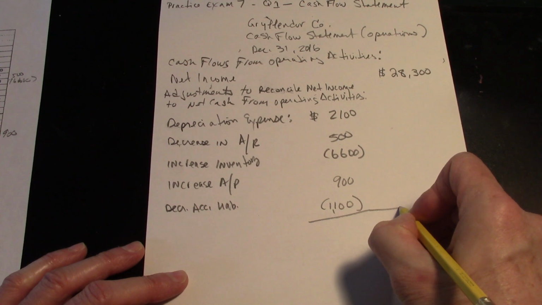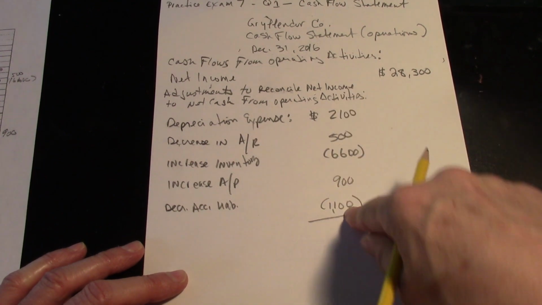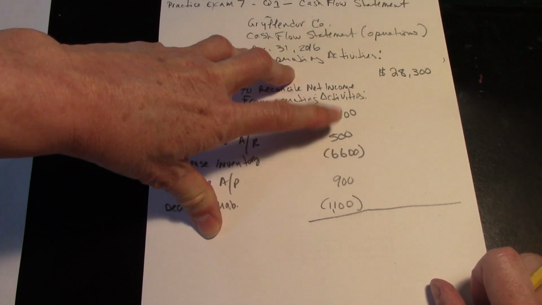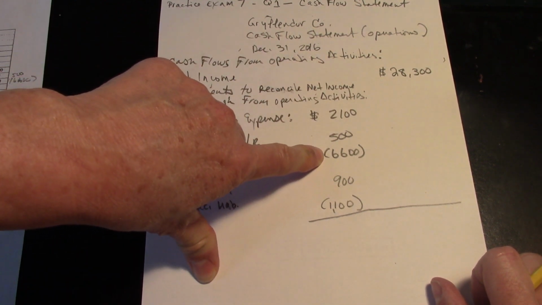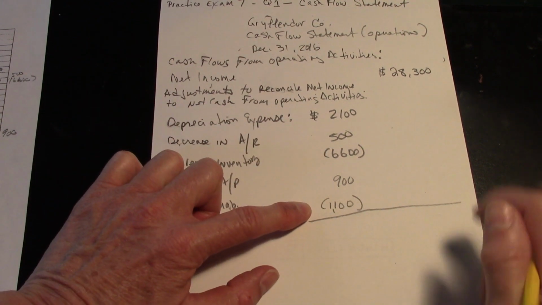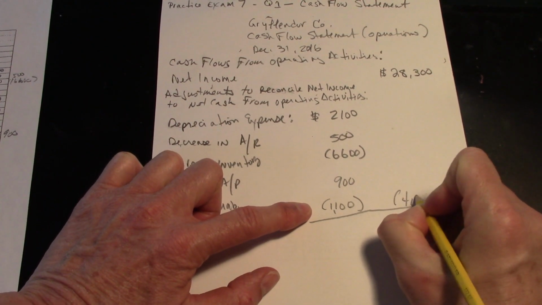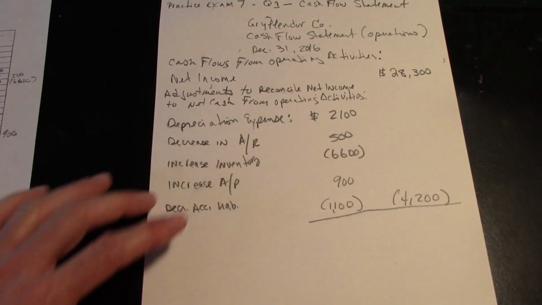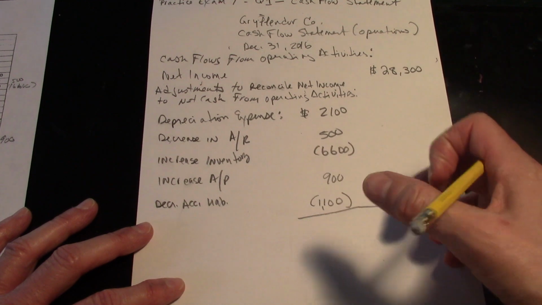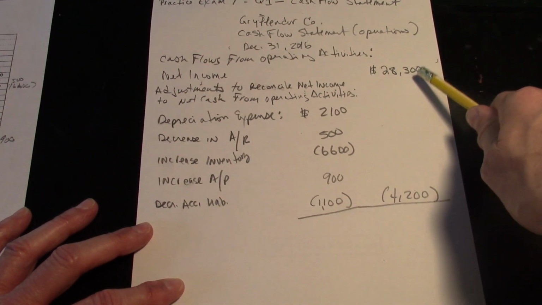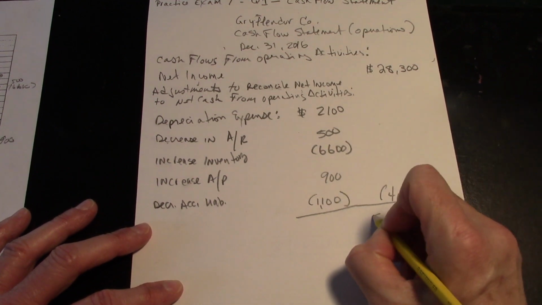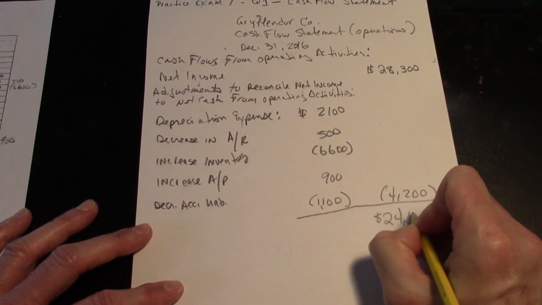So now we're going to add these up. All right. So 2,100 plus 500 minus 6,600 plus 900 minus 1,100 gives me a negative 4,200. All right, so that's a negative number, so we got to subtract it. 28,300 minus 4,200 is equal to 24,100.